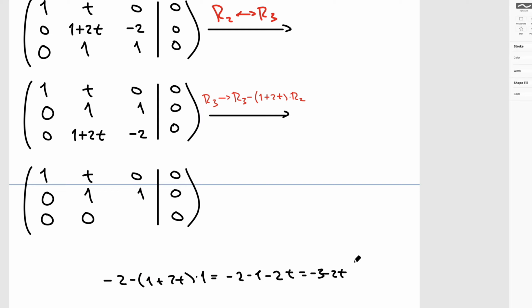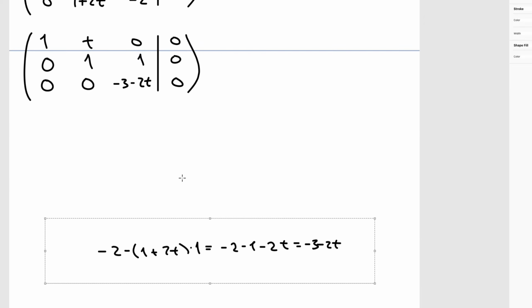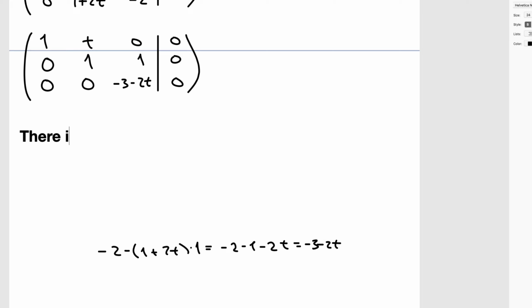Excuse me, I'll undo that in case you're looking at this. So minus 3 minus 2t. And now the only way to have a non-trivial solution is if this is 0. So there is a non-trivial solution if negative 3 minus 2t is equal to 0.